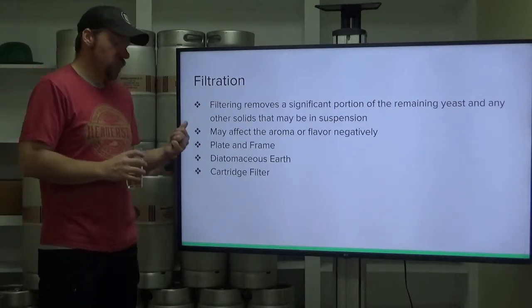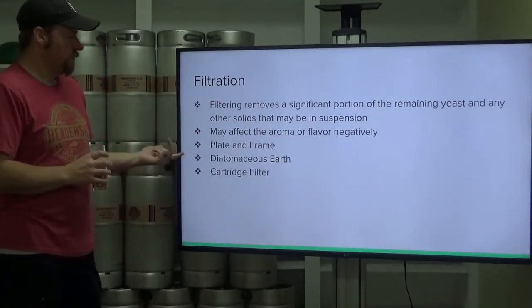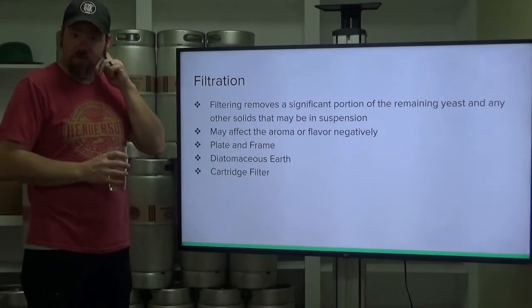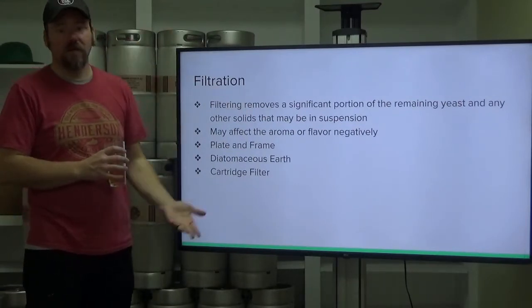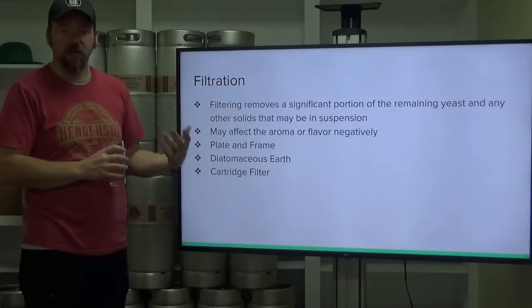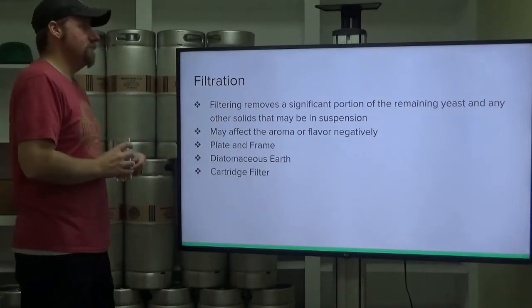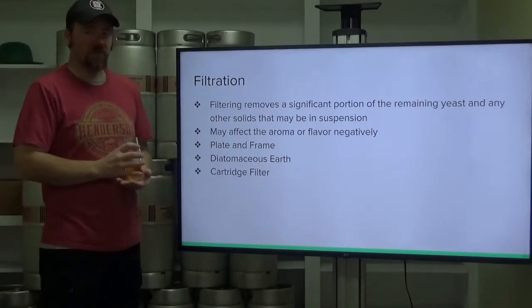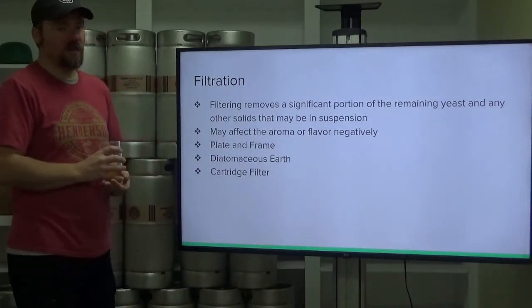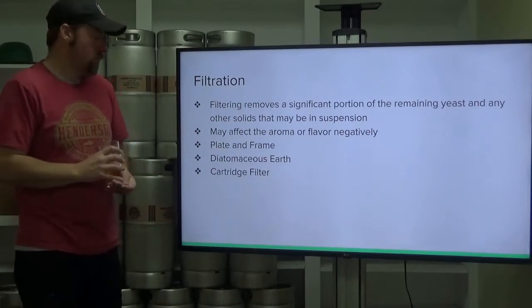There are a few filter methods. So you've got plate and frame, which is a very common, very cost-effective form. The problem is the filter media itself, usually some kind of paper filter. Not the most reusable, and it can be difficult to sterilize or sanitize before and after use.